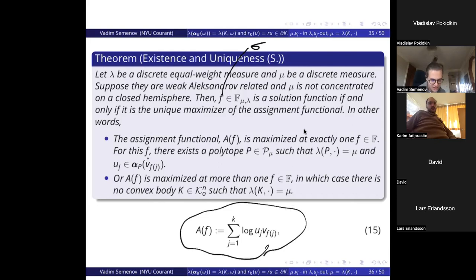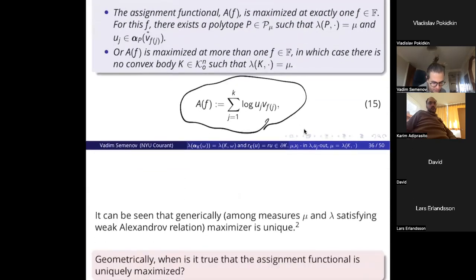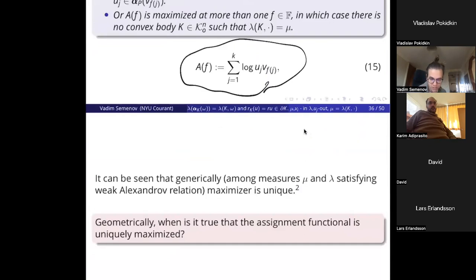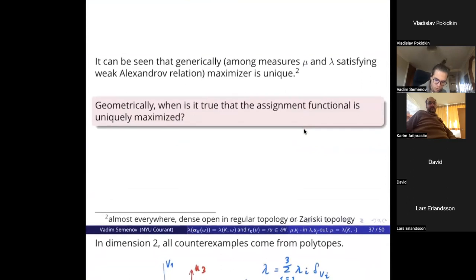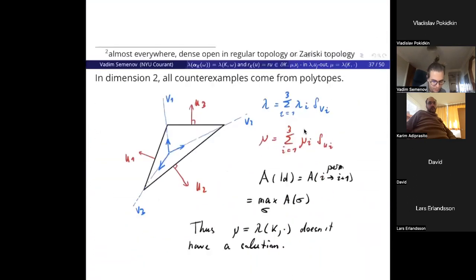I don't know if you can immediately see, but it actually comes from the geometry.